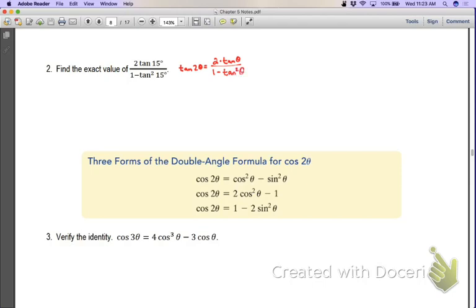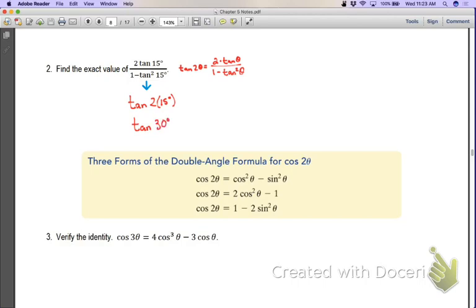Whether you use x, theta, alpha, beta, whatever representative, it's going to be the same. So realistically, all I'm doing is taking tangent of 2 times 15 degrees, which is just tangent of 30 degrees.